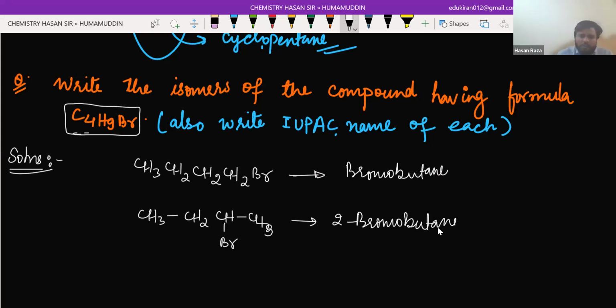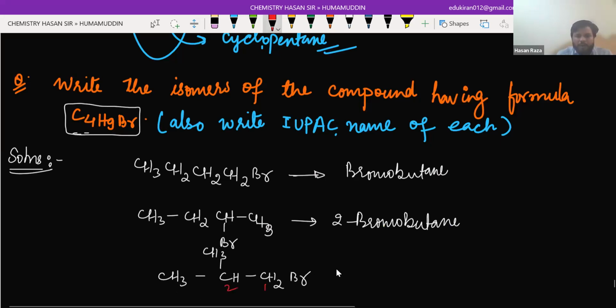Another we can do is like this: CH3, CH, and CH3 there, and then comes your CH2Br. If you number it, it's very easy: 1, 2, 3, and the name will be 1-bromo-2-methylpropane.